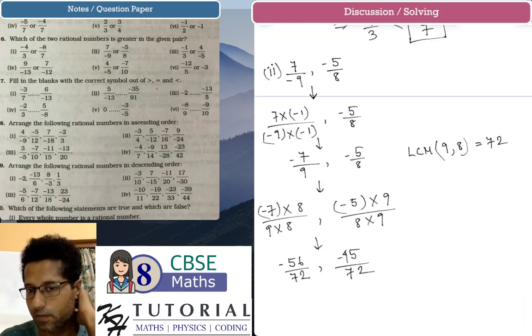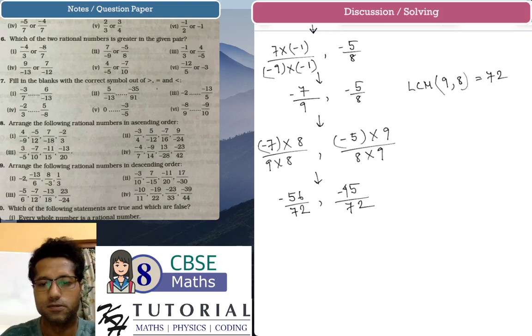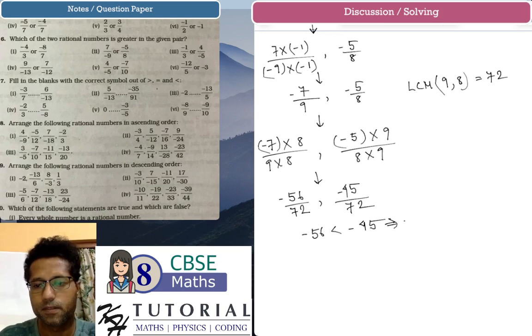We can now compare by the numerators, and we know that minus 56 is less than minus 45. This will imply that minus 56 by 72 is less than minus 45 by 72.